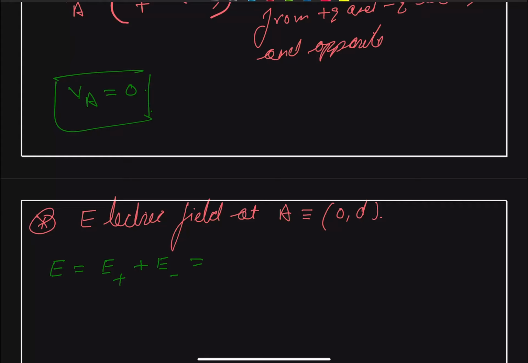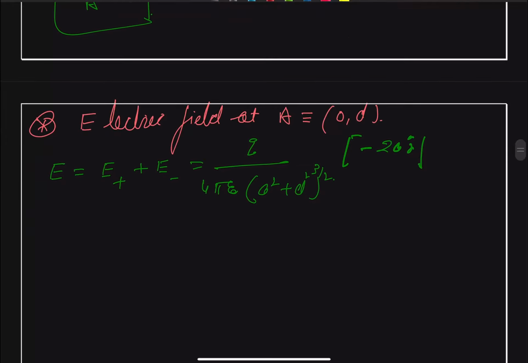So this can be written as q upon 4 pi epsilon naught, times a square plus d square to the power 3 by 2, multiplied by minus 2a x unit vector. And in terms of the dipole, this will be equal to minus P naught divided by 4 pi epsilon naught d cube, x unit vector.